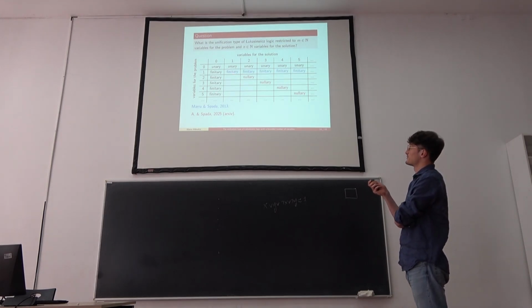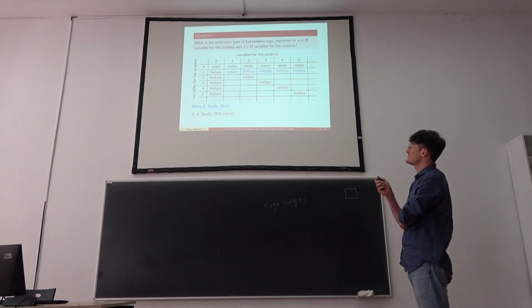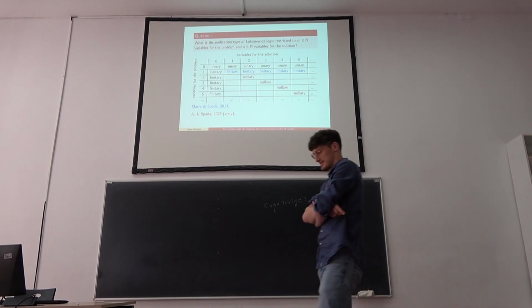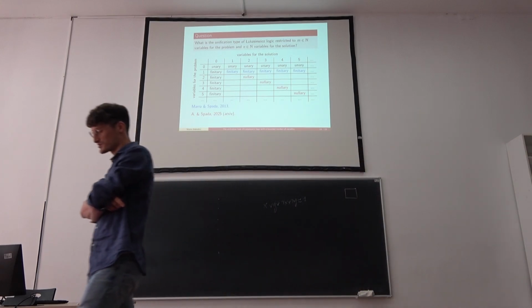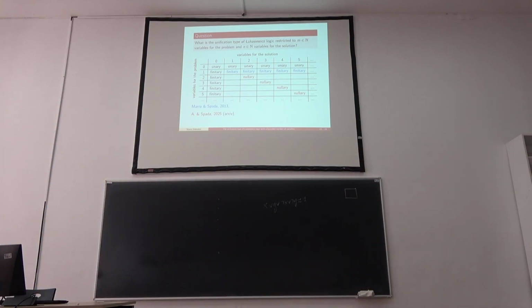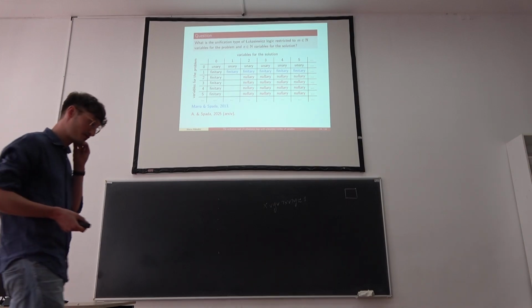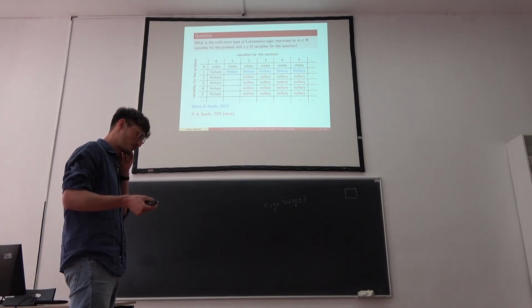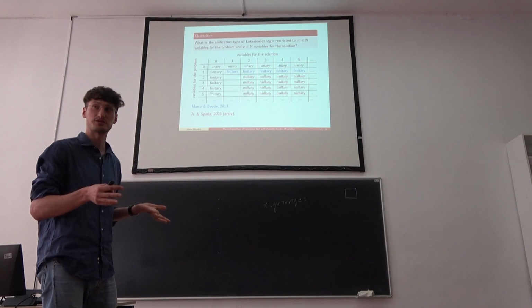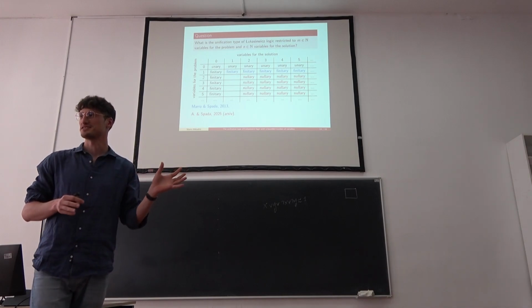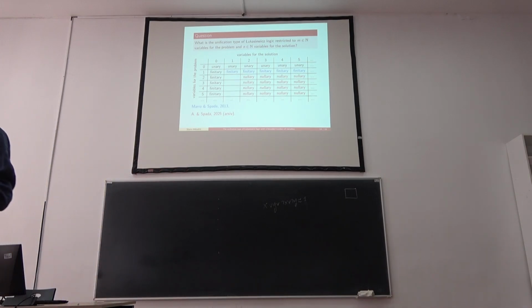Already Marra and Spada proved that the n equals 1 case is finitary, at least their argument shows that it's finitary. And what we prove is that whenever both m and n, the variables for the problem and for the solution, are greater or equal than 2, then we get a nullary type.